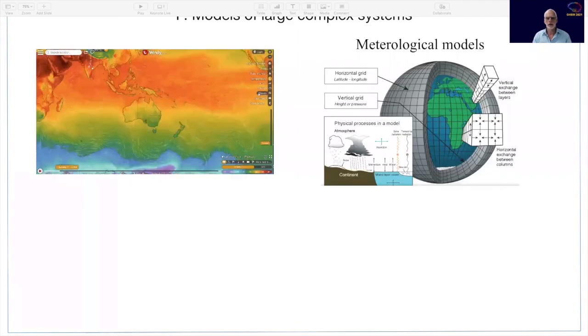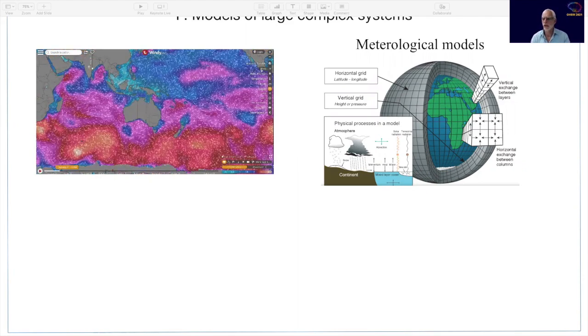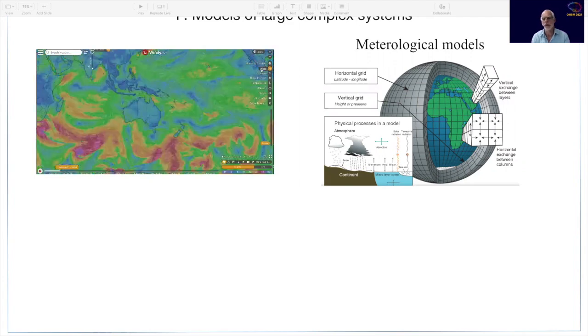Well, meteorological models work by breaking the world's atmosphere into tiny little boxes or little grids. It's a bit like boxes of the brain, really. And in each of these, there's a local model of heat, temperature, and wind, or also in the ocean, ocean currents.